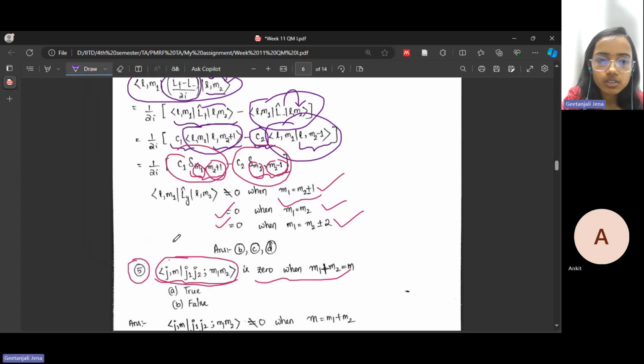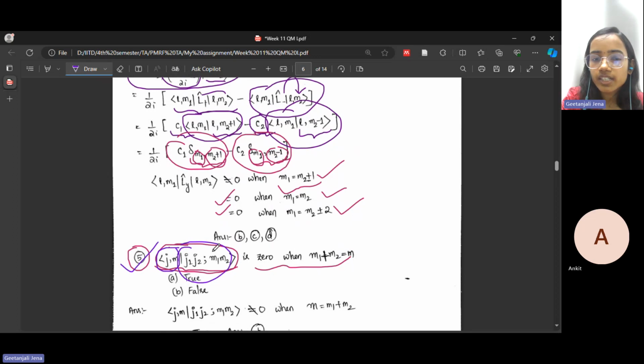If you see the first one, this is the coupled state and this one is the uncoupled state. So it's asking whether the CG coefficient is 0 when M equal to M1 plus M2. You already know that the CG coefficient is non-zero whenever M equal to M1 plus M2. So that means this statement is not true, it is false.